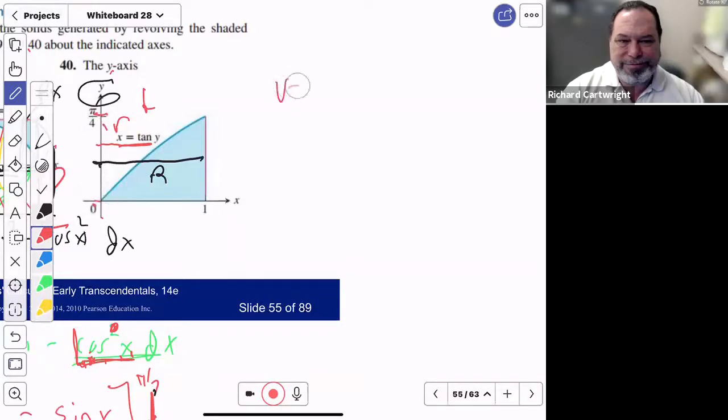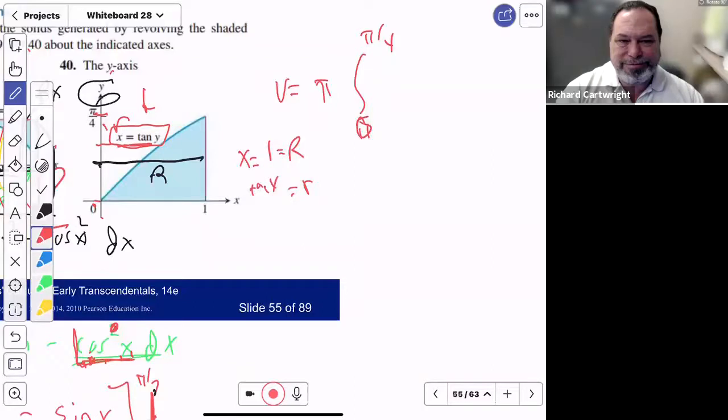So volume is pi integral of 0 to pi over 4. Big R is x equals 1, that is my big R. My little r, they were nice enough to already solve it, is tangent of x.